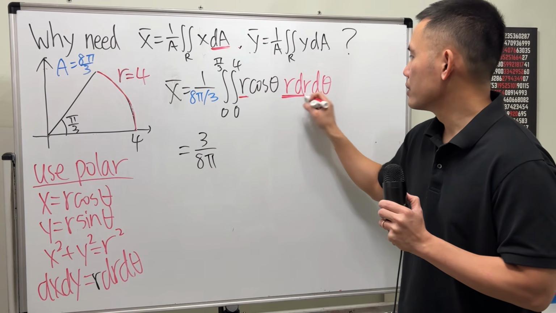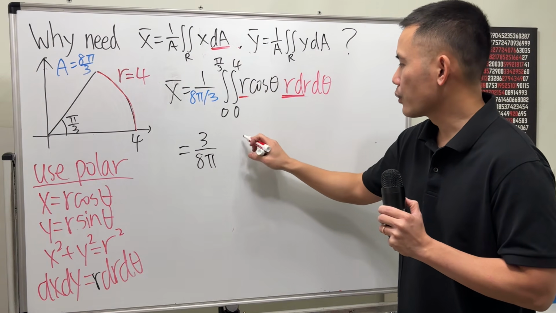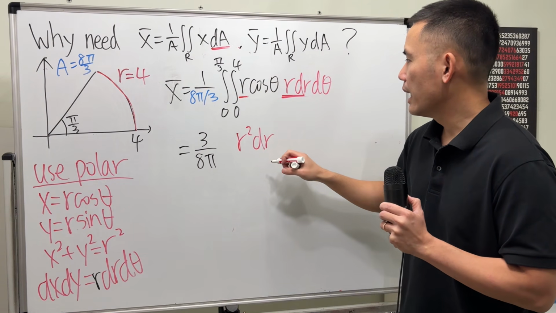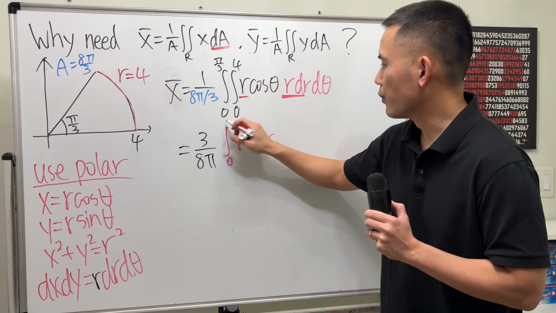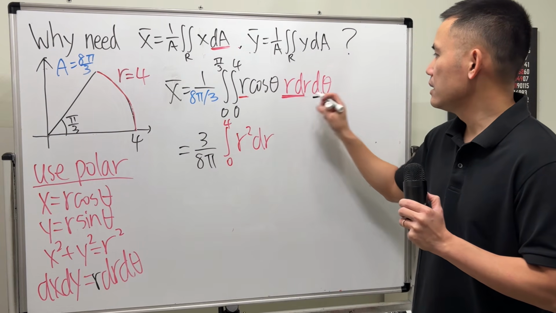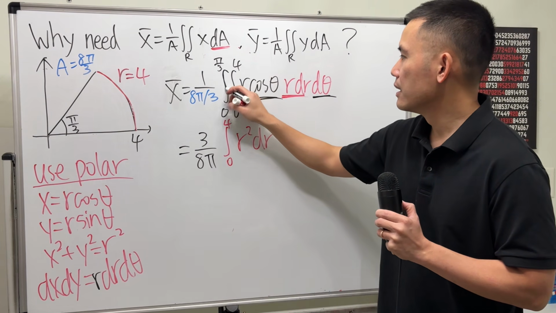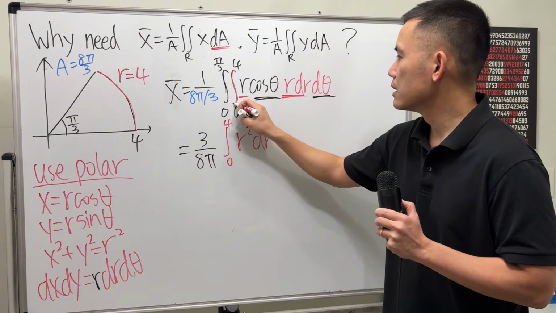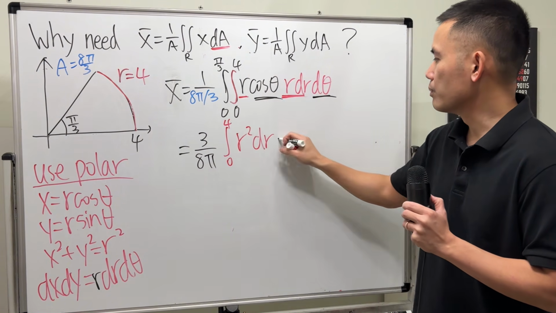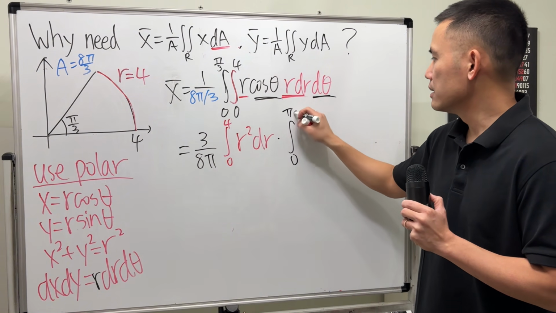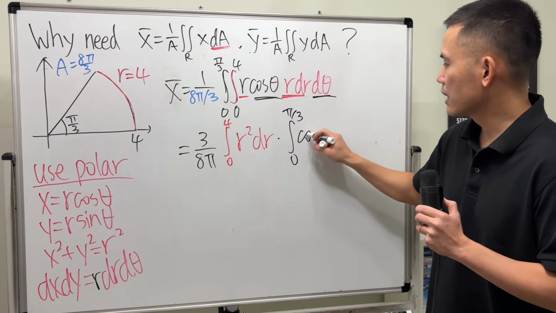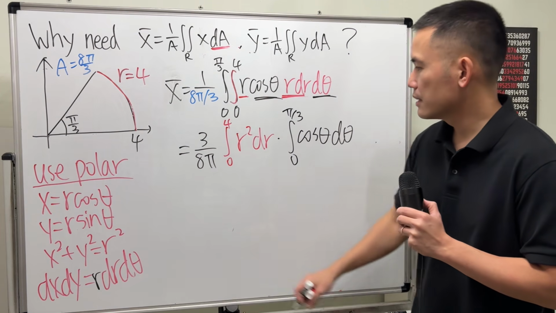Let's put on all the terms with r first. That's r squared dr, and that will be integrated from 0 to 4. And then the rest, cosine theta d theta. Earlier it was this integral for the r, and now we multiply by this integral.